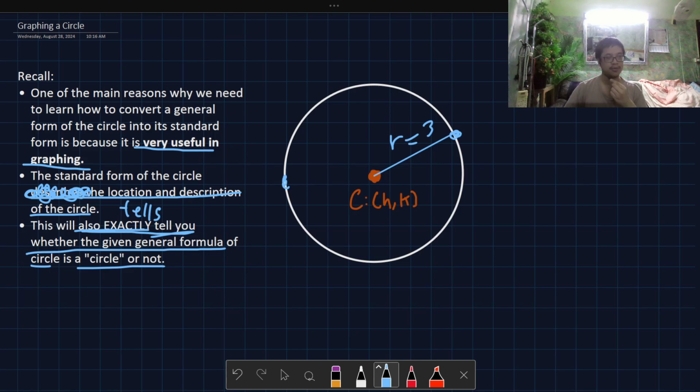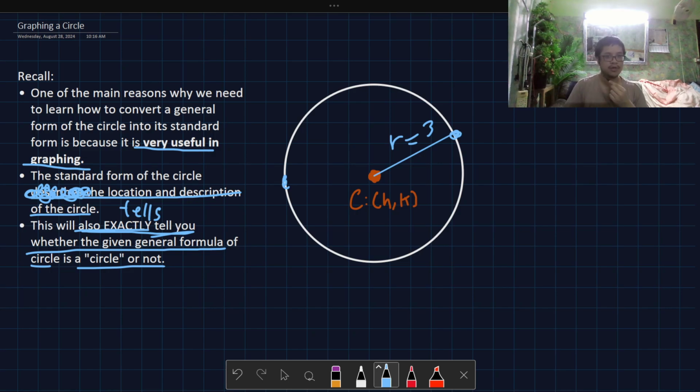Like, what do you mean? It's a general formula of a circle, or general form. General formula or general form, they're just the same. But the given general form of a circle, if you convert it into standard form, is still a circle.